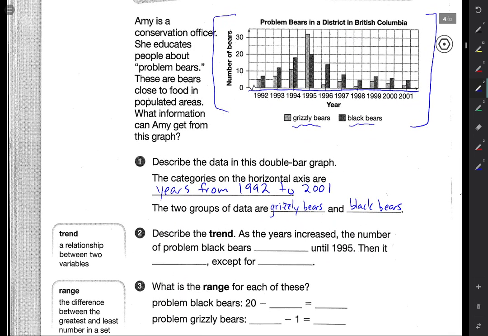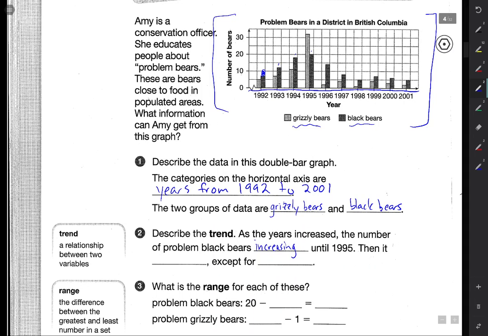So let's see, black bears, those are the darker shades here. So let's start off at the first year, which would be 1992. And let's see what happened to the black bears. So there was a little bit, and then it went higher and higher. And until 1995, it kept going up. So the number of problem black bears kept increasing until 1995.